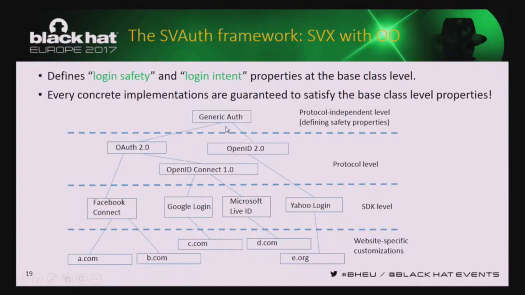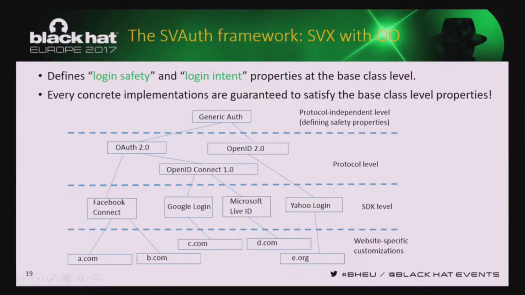Then, based on the protocol independent level, we derive classes for the protocol level. We have OAuth 2.0, OpenID 2.0, and OpenID Connect. Then further, we derive SDK level classes covering these identity providers. And potentially, every website can further derive classes to build their specific authentication logic.